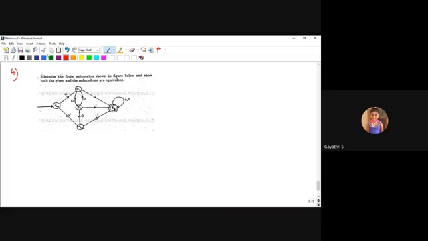I will check Q1. Q1 is reachable from Q0, and Q2 is also reachable from Q0. Actually, many paths are available to reach Q2: this path, and also from Q0 you go to Q1, then again to Q2.